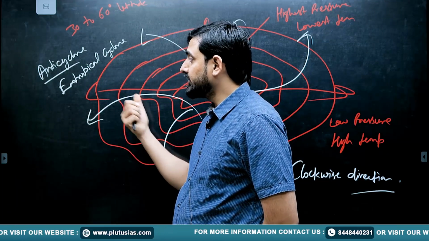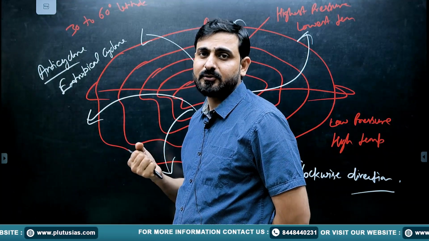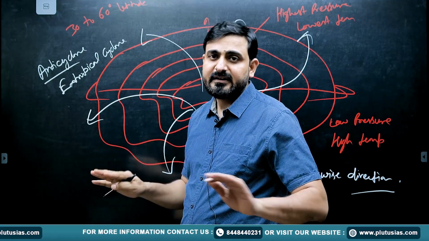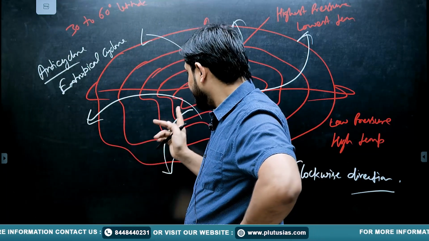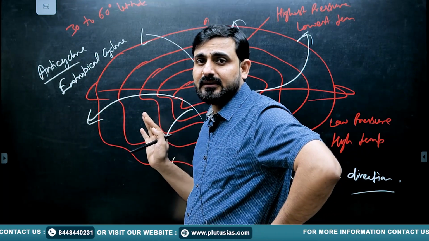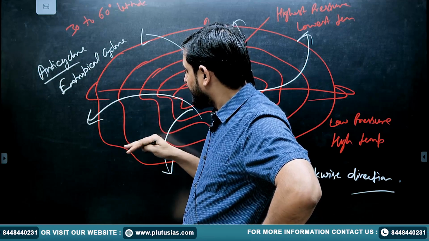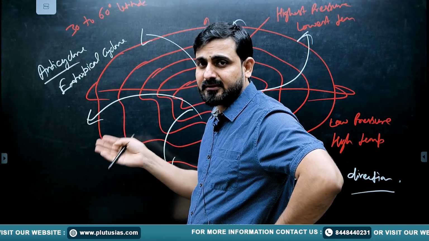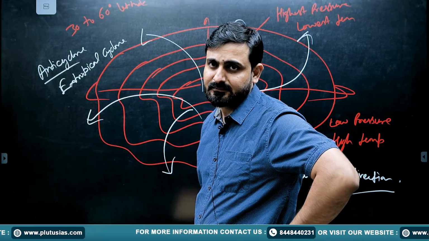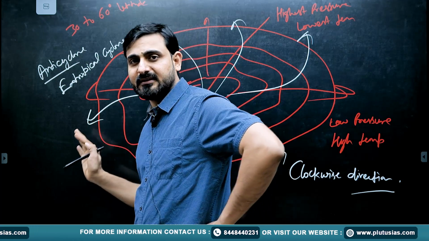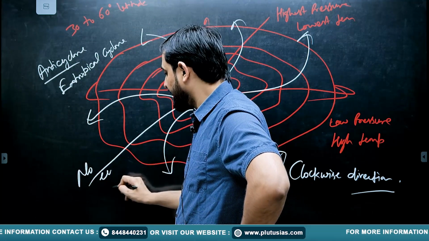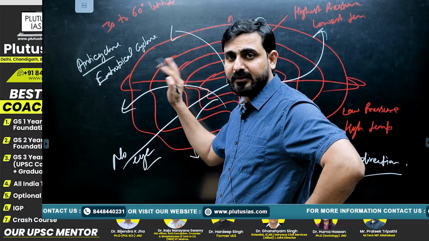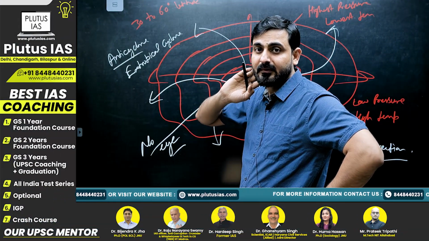These temperate cyclones, anticyclones or extratropical cyclones are generally characterized by high pressure, and these anticyclones dominate a particular region with very high pressure, characterized by fair weather. There is no eye here, unlike the eye created within the tropical cyclone.